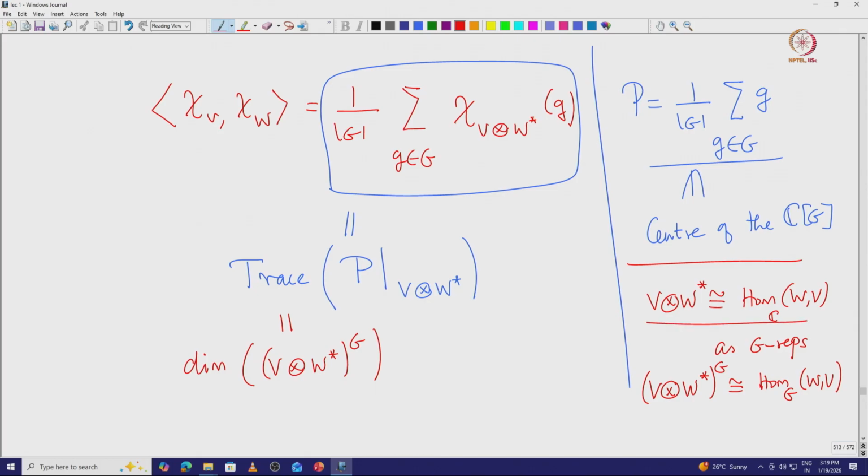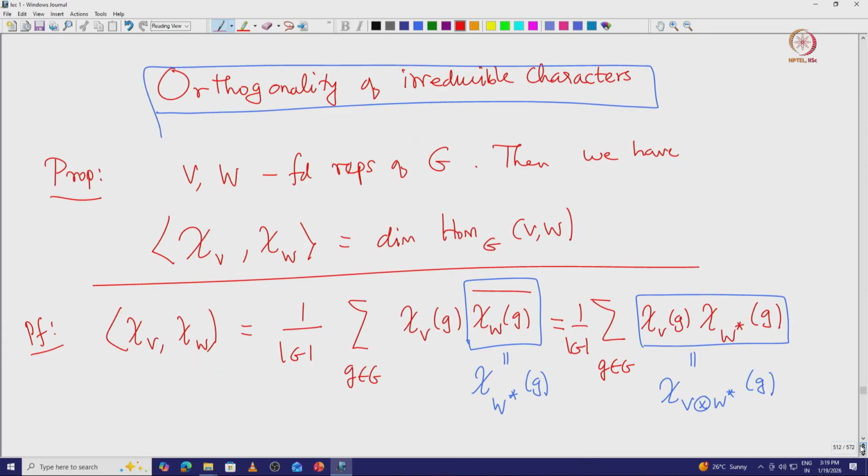So, that means the dimension of (V tensor W star)^G is indeed given by the dimension of Hom_G(W, V). Now if we put them together, we can see that the inner product is indeed given by this dimension.